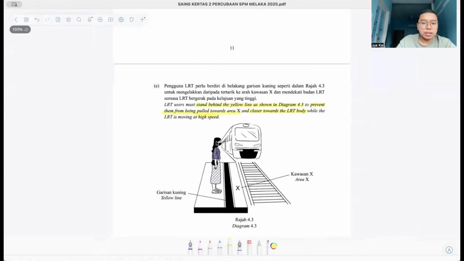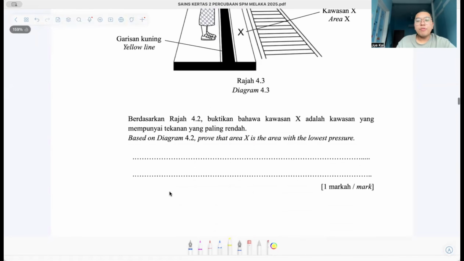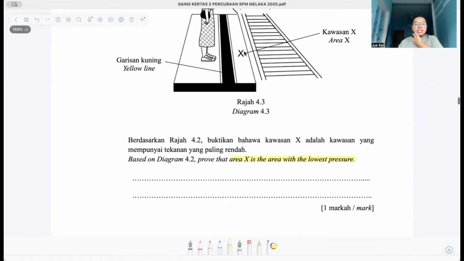Why I cannot scroll? What's happening? Oh, can. Okay, based on diagram 4.2, prove area X is the area with low pressure. So where is area X? Area X is here. So it wants you to prove. Oh, it wants you to base on 4.2.